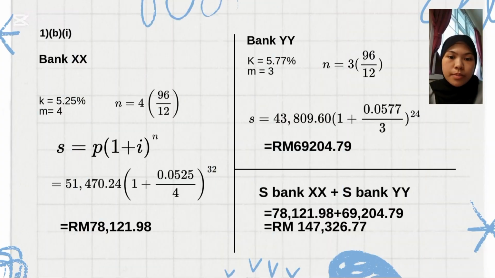Next, 1B Roman 1. For bank XX, K is 5.25%, M is 4, N is 4 in brackets 96 over 12. The formula that we use in this question is S equals P open bracket 1 plus I close bracket small n.